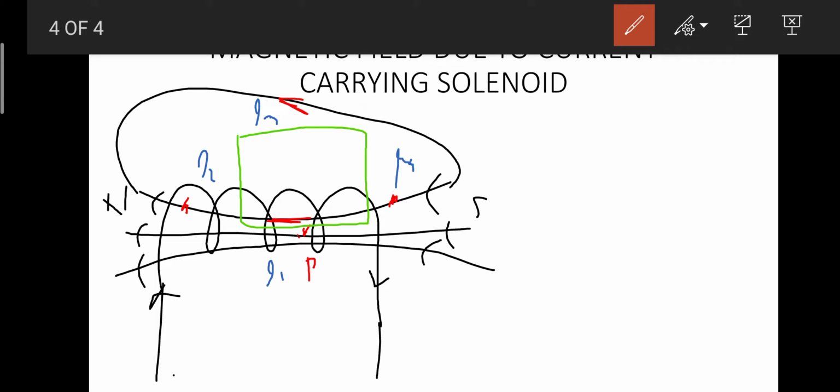For L2 and L4, for these two sides, we are getting the condition in which B is not the strong one, the value of B is decreasing. And for the portion L3, what is going to happen? There is a very weak field for this particular L3 element. So that means B is not uniform in this condition.